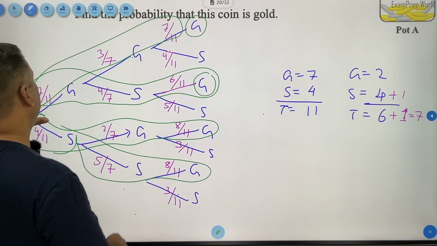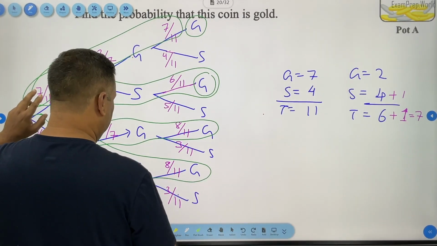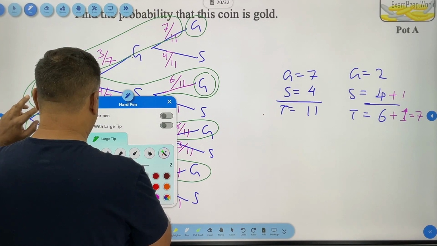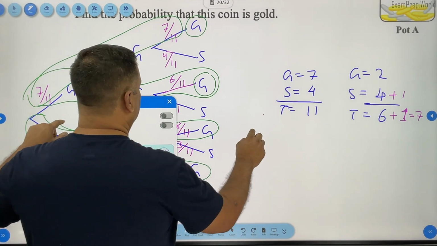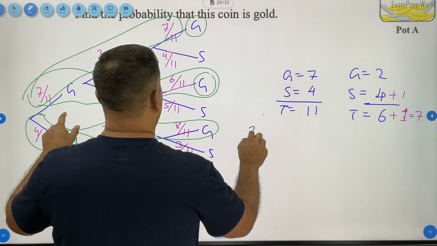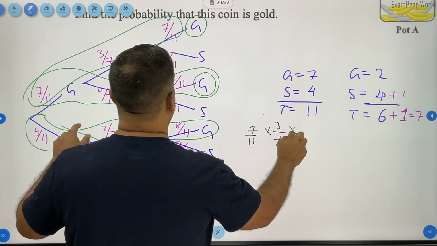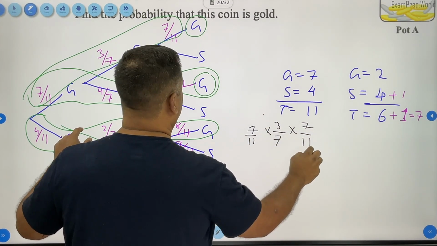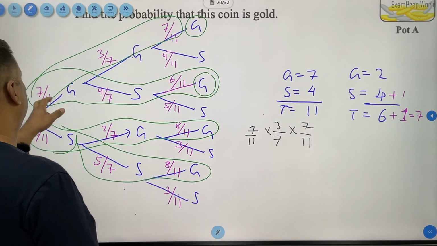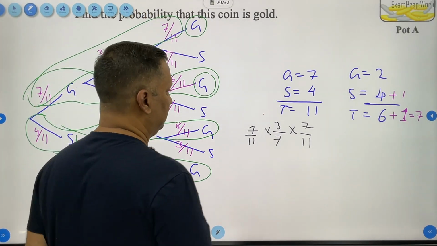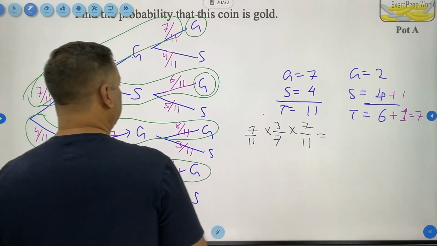The first getting a gold is, I'll use black color to do that. The first is 7 by 11 times 3 by 7 times 7 by 11. 7 by 11, 3 by 7, 7 by 11. We will get some number.